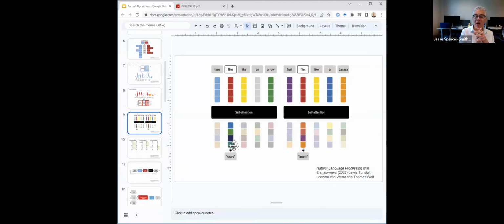But remember that it has different layers, so it's not just one shot and you're done. I'm going to do my attentional mechanism, then feed it through my feed-forward network, which says, here are the concepts I'm starting with, now remap them, so I have new concepts that are related. So in the feed-forward network it may say, hey, flies is closer to soars.